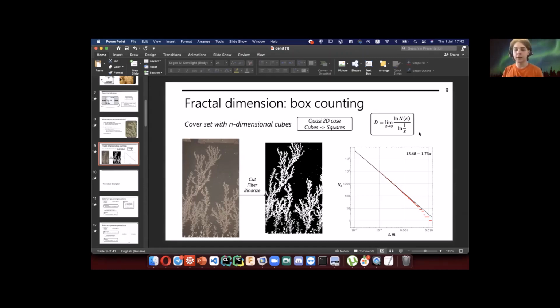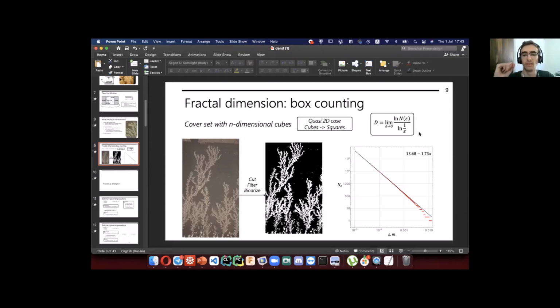The limit of the ratio of the logarithm of the number of cells which actually touch your set, in our case the white part of the dendrite picture, to the logarithm of the size of the cell, is in fact the fractal dimension. So by dividing our picture into cells, that's a straightforward method to compute the fractal dimension.